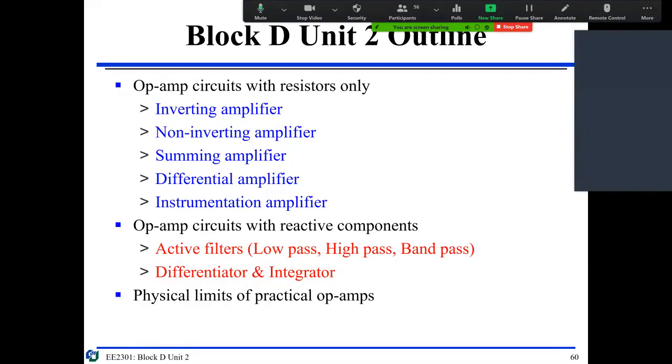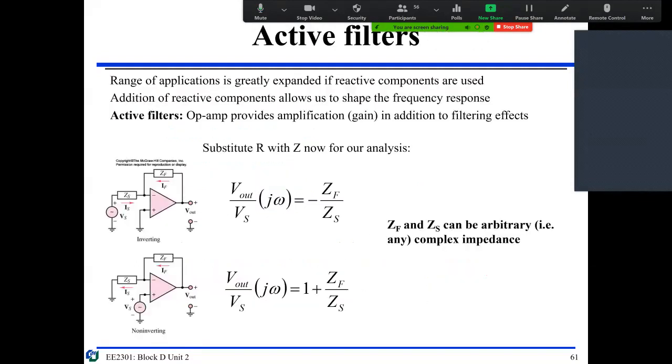Although you can do an RC network, RL network, or RLC network to do filters, those filters are not called active, they are called passive components. Then we are going to talk about differentiation and integration. These are 2 important operations, right? Again, op amp means operation.